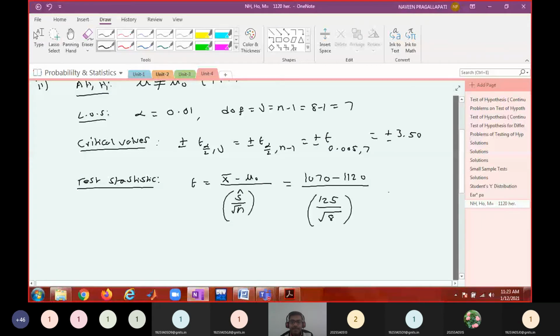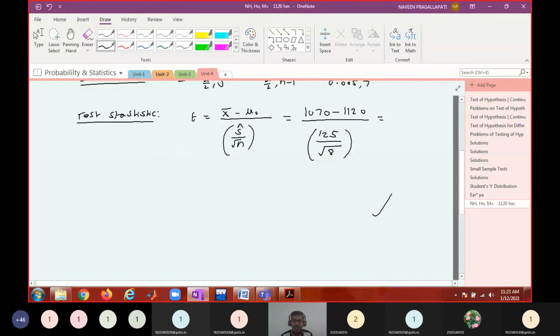So compute this value: minus 1.13. So what is your decision?